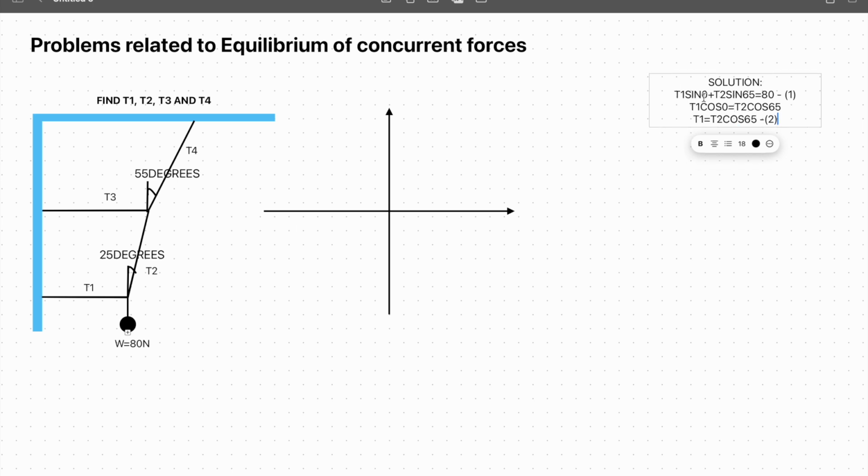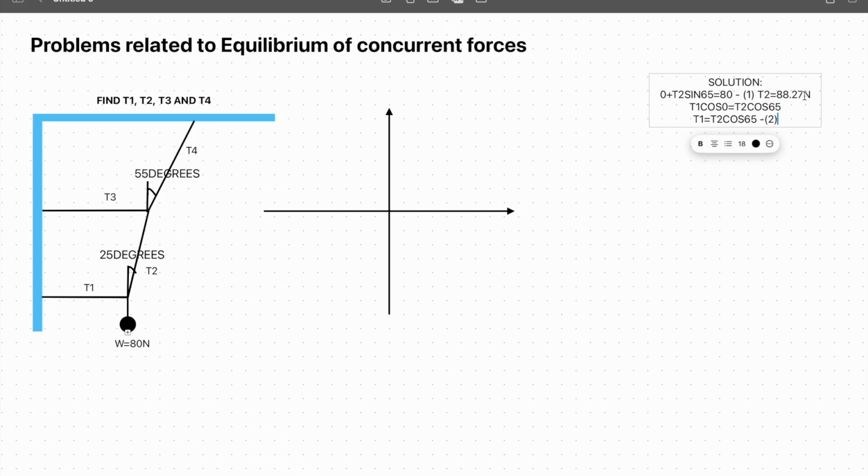No, we should continue, because sine 0 is 0. So we can figure out T2: 80 by sine 65, so T2 is 88.27 Newton.